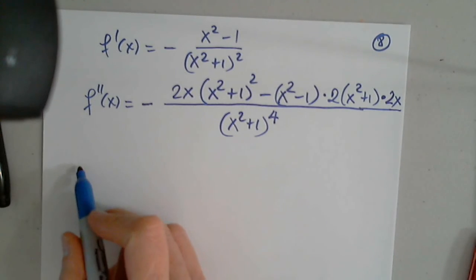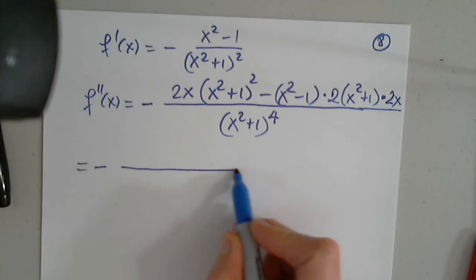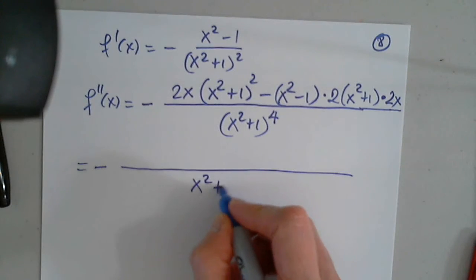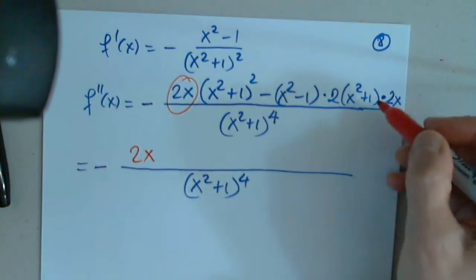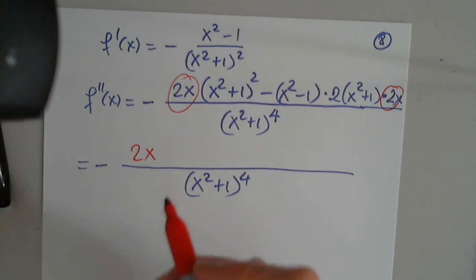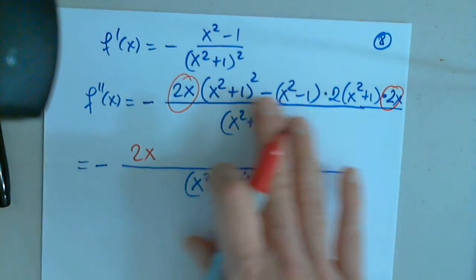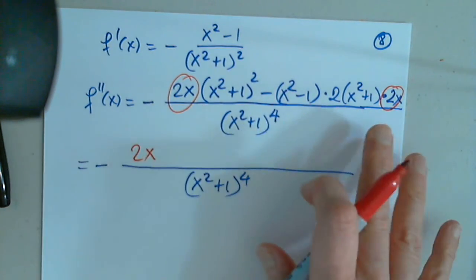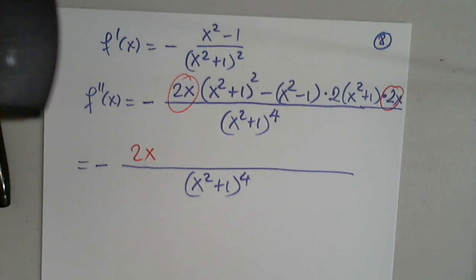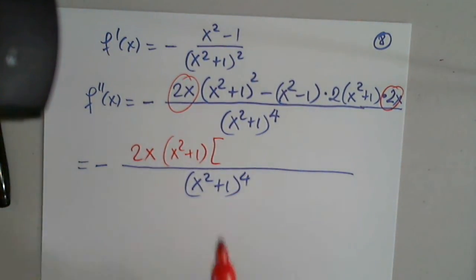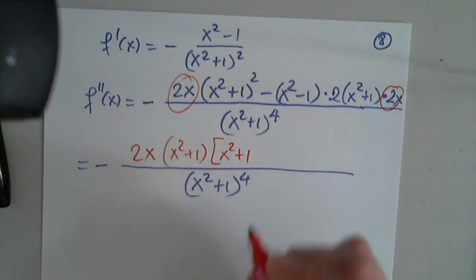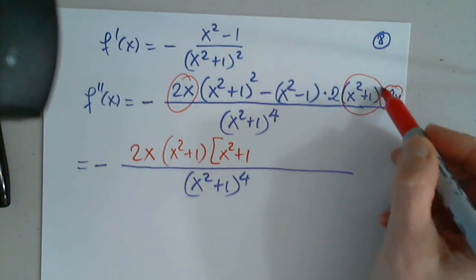Please tell me what I pull out from the top. As much as I can. 2x, x squared plus 1. 2x, very good. 2x will come out. What else? You're not going to distribute here. This is insane to do. Factoring is crucial right now. So then you have x squared plus 1. What is left from the first term? x squared plus 1. Very good. Now, this is out.